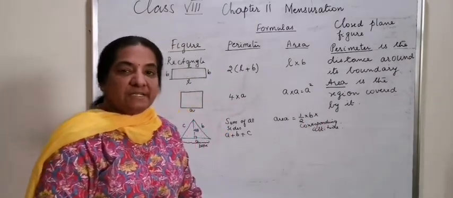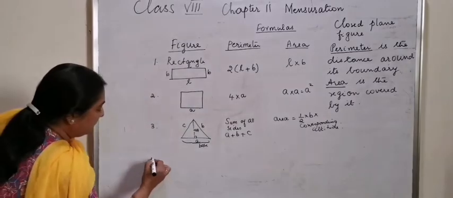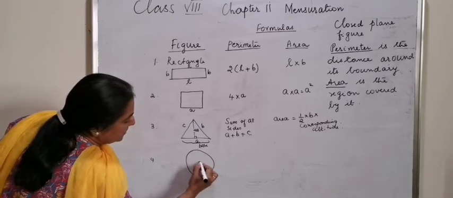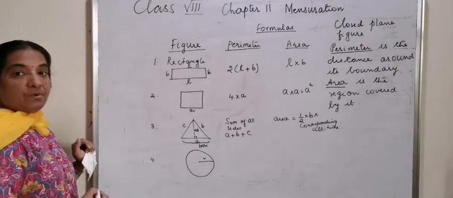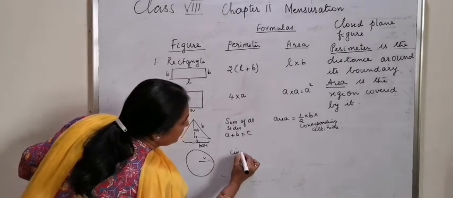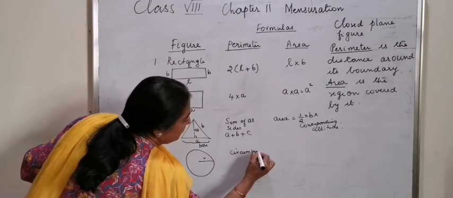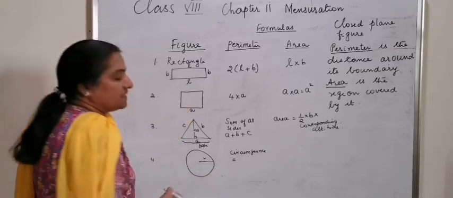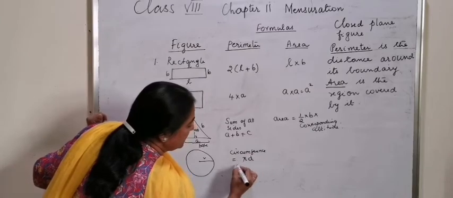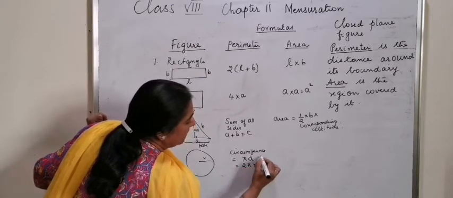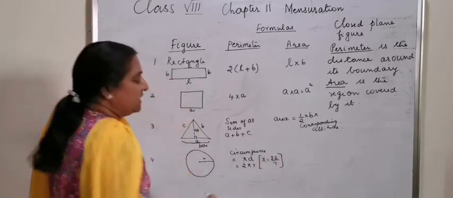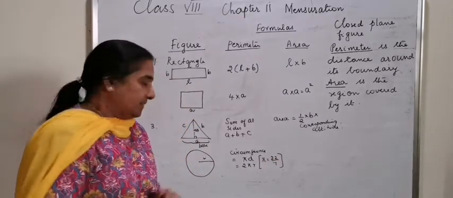And the next figure is a circle. For a circle, the dimension is radius. We call the perimeter of a circle the circumference, and circumference is calculated using the formula pi into d or 2 pi r, where the value of pi is a constant, 22/7.